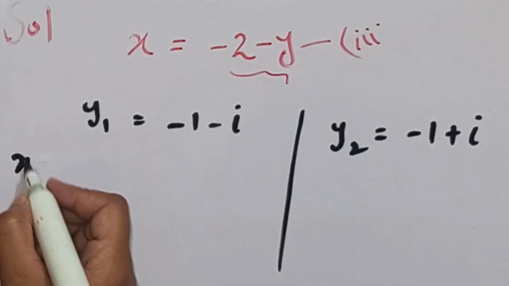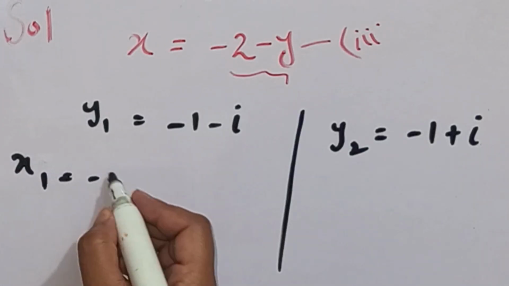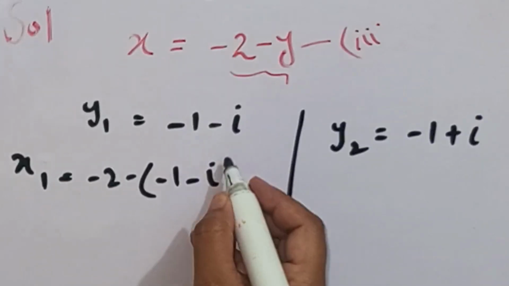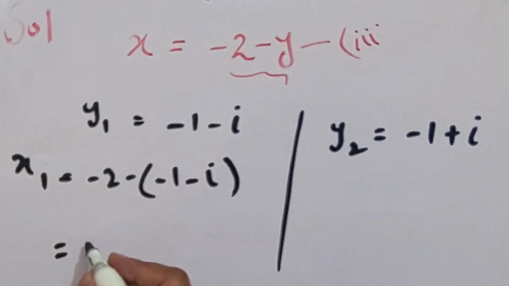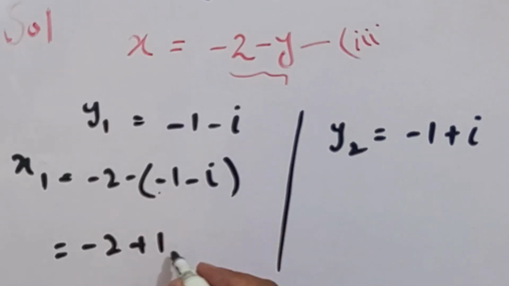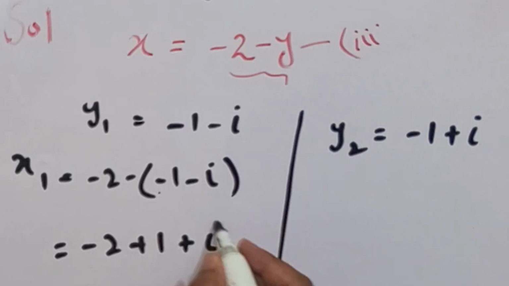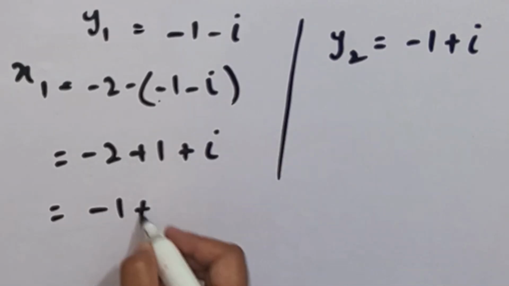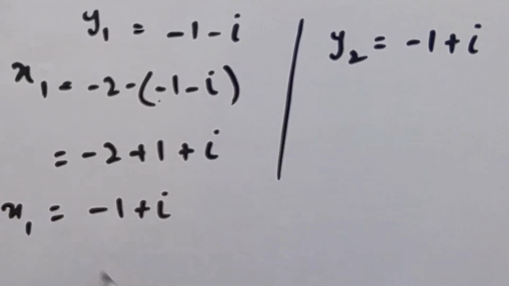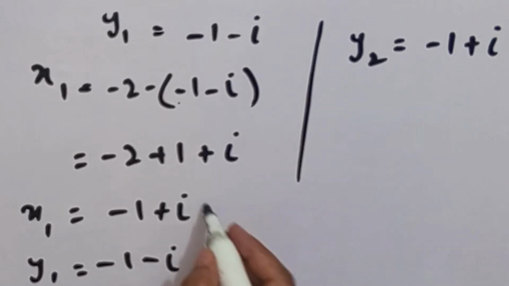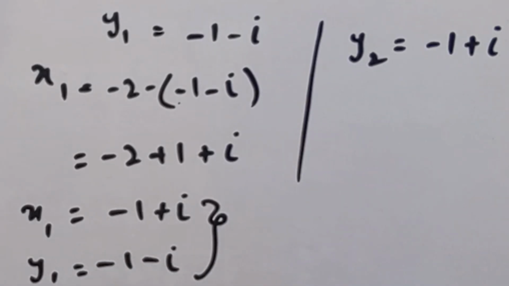So here we write x1 is equal to -2 minus y, and we take this value y1, -1 minus iota. Simplify this value, so we have -2, this will become +1, and this is a positive iota. Now -2 plus 1 is -1, and this is a positive iota. So x1 is this one. In this case, y1 is negative 1 and negative iota. So this is the one solution.